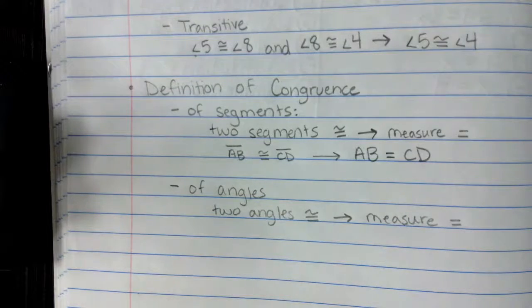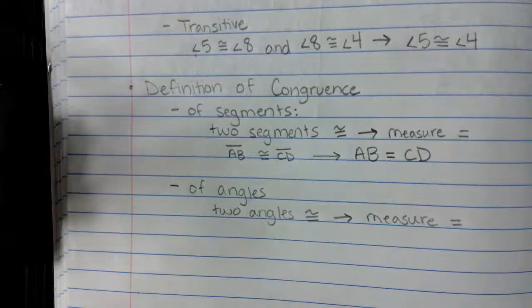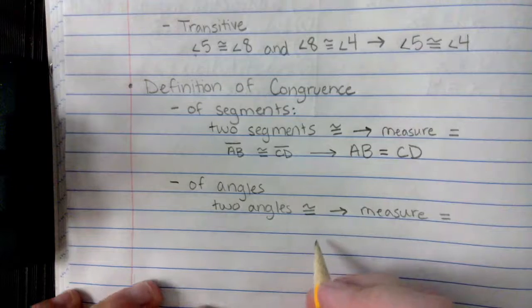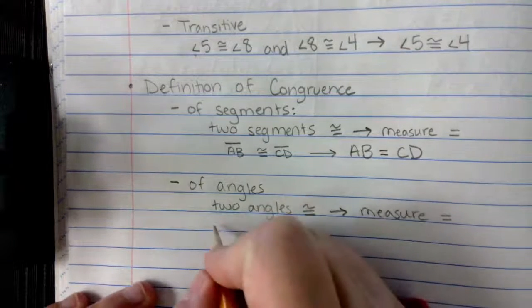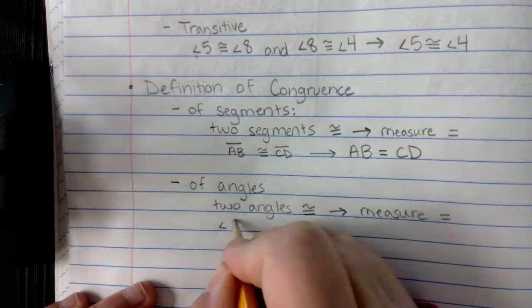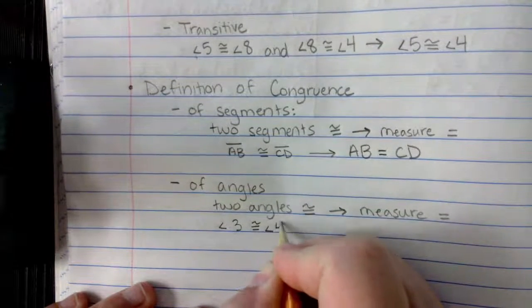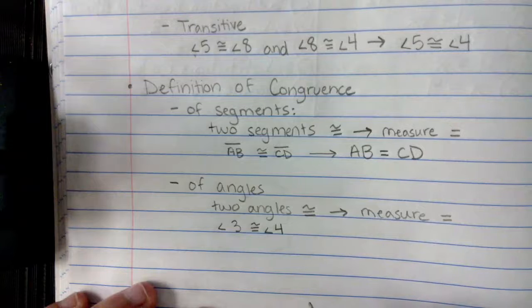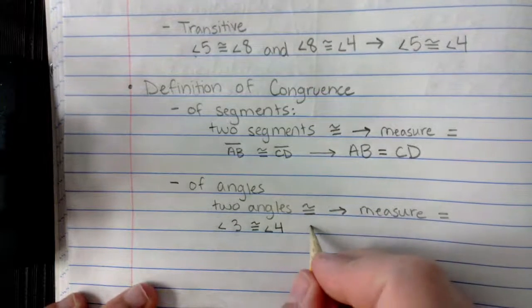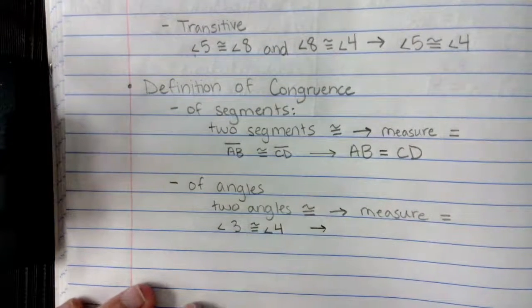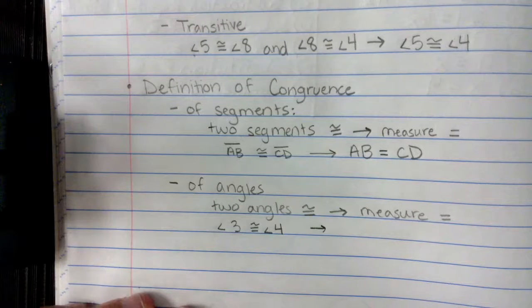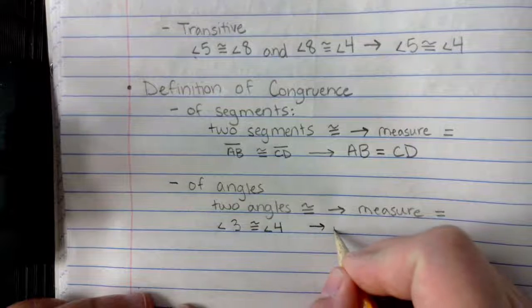Definition of congruent angles, what that's going to look like when we do it in our proof is if I know that angle 3 is congruent to angle 4, how we're going to rewrite that is by talking about the measurement. And when we do a measure of angle 3, remember we use that little m.